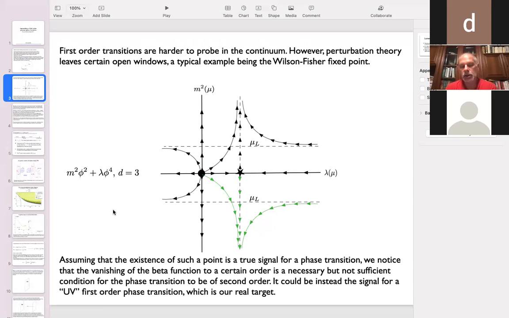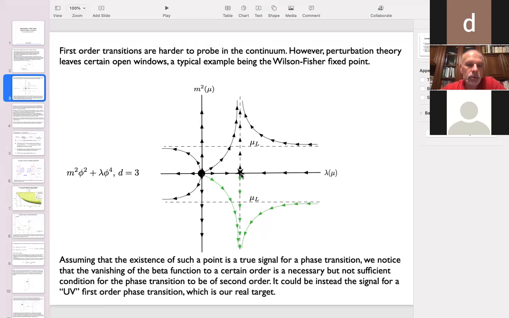It is not an infinitesimal parameter, but you can set it equal to 1. And if you do that, you discover another point where the one loop beta function vanishes. And then one says that this may be a sign of a second fixed point, which is called the Wilson-Fisher fixed point.